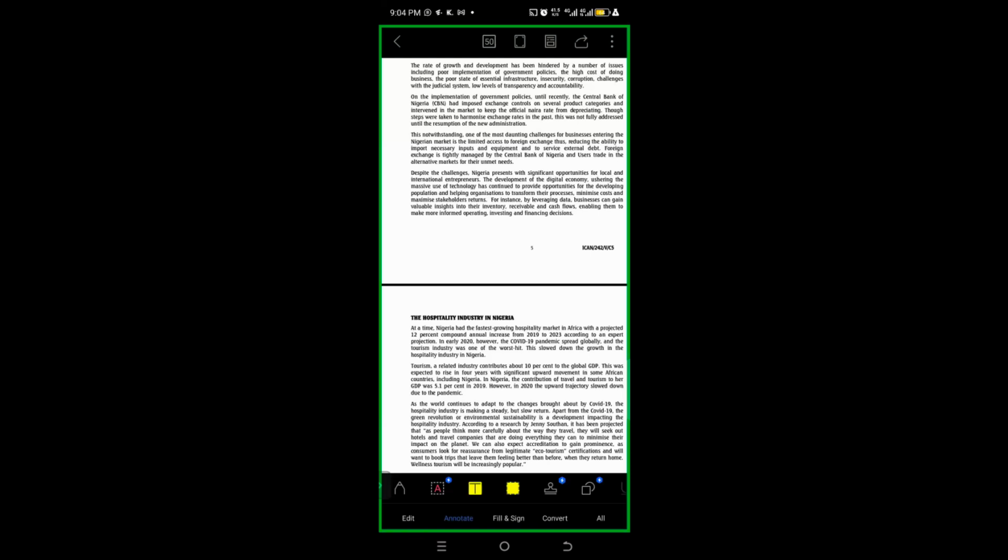Maybe there is a project that they want to execute. If a policy will affect that particular project, we might have to look out for that, right? So they talked about high cost of doing business. If there is high cost of doing business in Nigeria, it will equally affect the hospitality industry and will affect your client in the case.